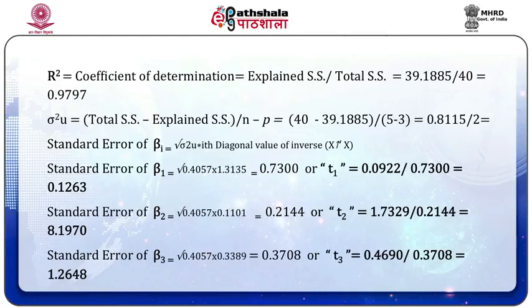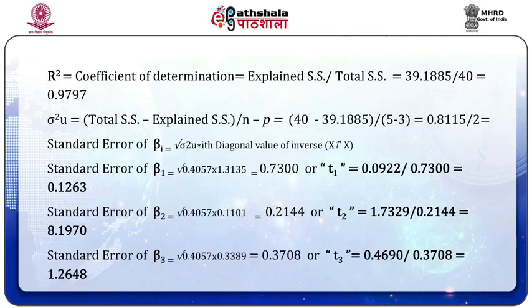Standard error of beta 1 is equal to under root sigma square mu into ith diagonal value of inverse X bar X. Standard error of B1 is equal to under root 0.4057 into 1.3135, which is equal to 0.7300. Or T1 is equal to 0.0922 upon 0.7300, which is equal to 0.1263.